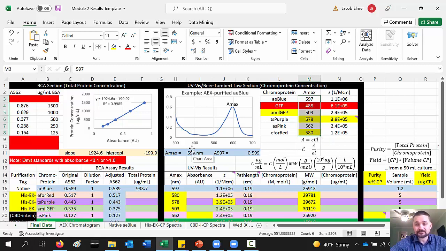Okay? Now, I do want to point out here, the numbers that you see highlighted are slightly different than what are in the lab manual. That's a little bit of an oopsie on my part.